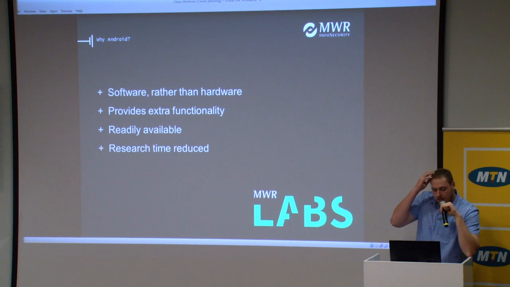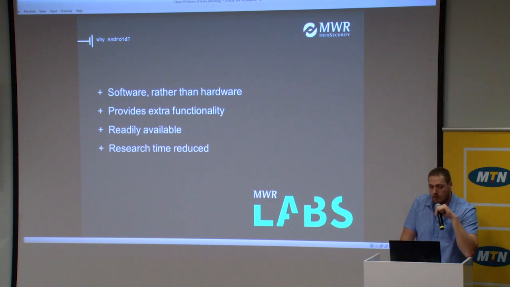Like I said, we rather wanted to do software rather than hardware. It's easier to redistribute as well, and Android provides extra functionality and is readily available.